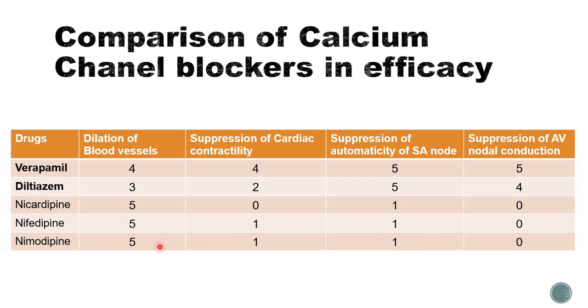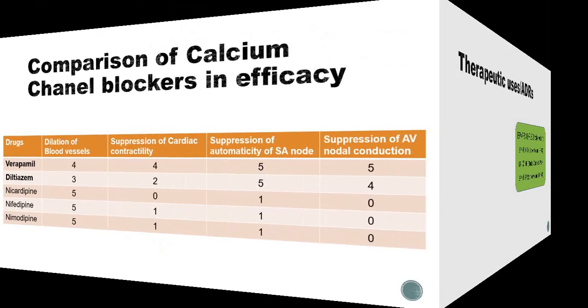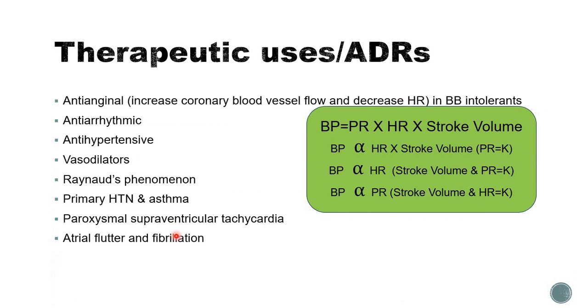So these key characteristics now constitute the therapeutic uses of the calcium channel blockers. They are anti-anginals because they increase the coronary blood flow as well as decrease the heart rate, especially reserved for those patients who are intolerant to beta blockers.